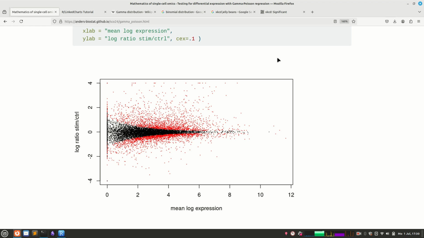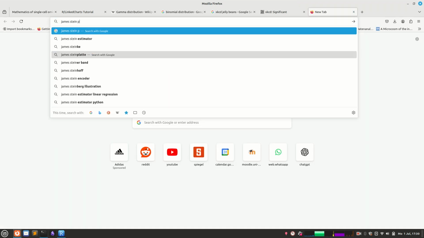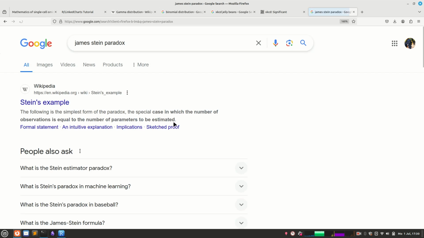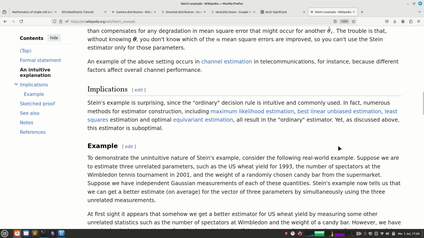It runs under the term James-Stein paradox, who said that, well, you can look at it yourself, that you can do a transformation which makes every individual estimate worse, but still improves the overall performance of the estimator over all the different observations. And that's something we use a lot here in order to make our stuff comparable.